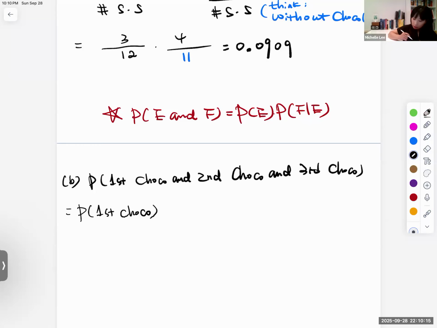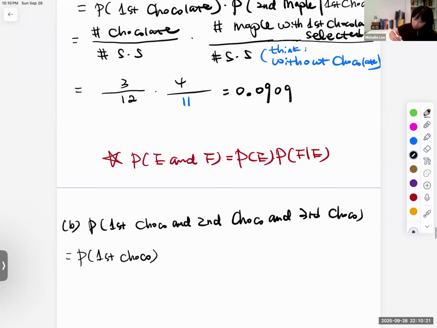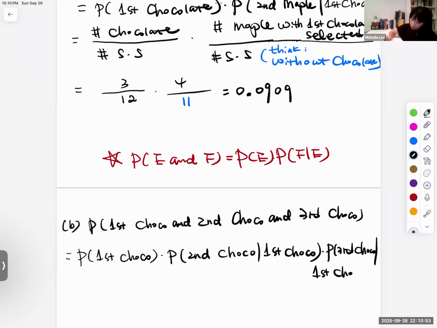First chocolate, times second chocolate, but given that first chocolate, right? Times third chocolate, given that the first chocolate and second chocolate, right?